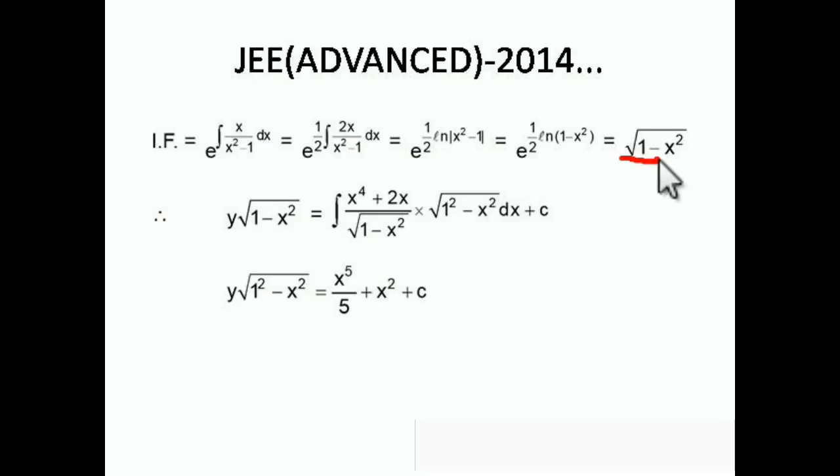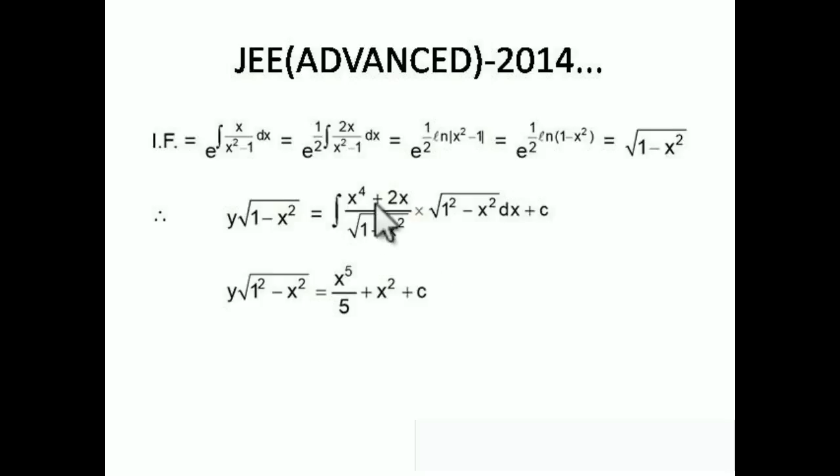Now what is the solution? The solution is y times the integrating factor equals the integral of q of x times the integrating factor dx plus c. So y times the square root of 1 minus x square equals the integral of q of x. Now tell me, what is q of x? q of x is x raised to 4 plus 2x upon the square root of 1 minus x square.